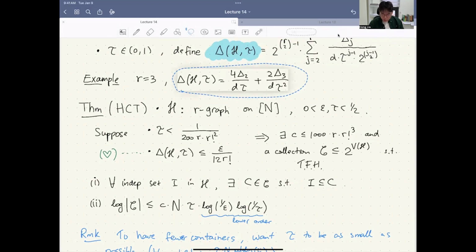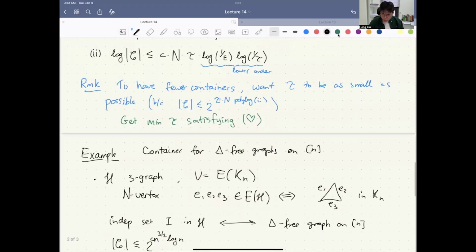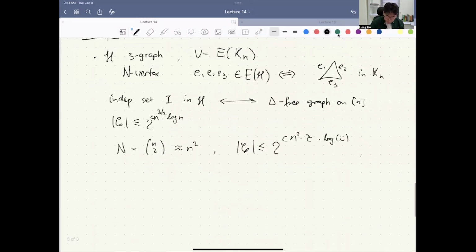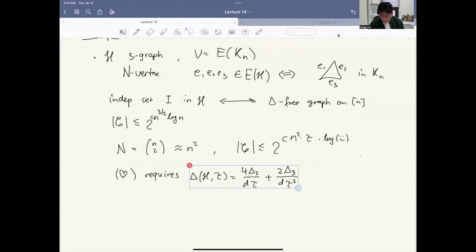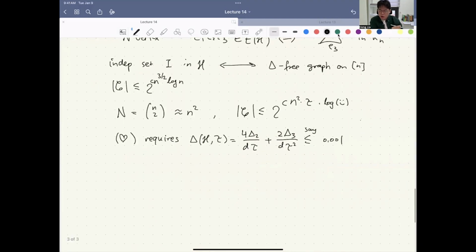The Hart inequality. That means we want this to be at most some constant. Take epsilon to be an absolute constant. So Hart requires this to be less than, say, some absolute constant 0.001.